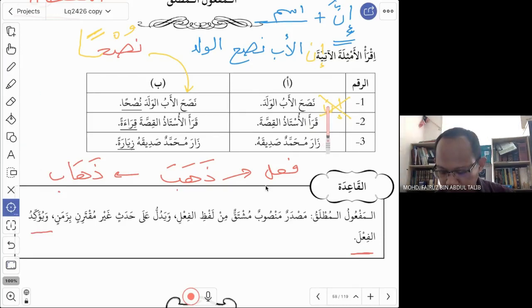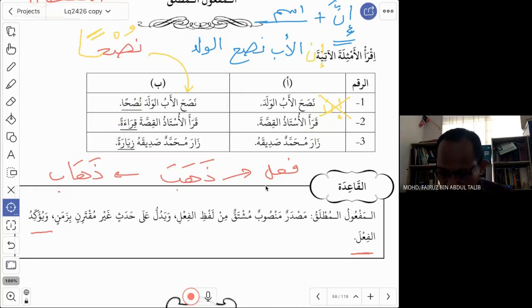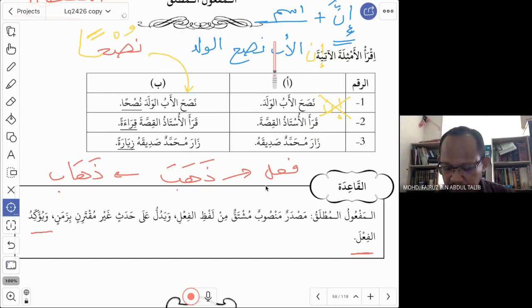Then you have to use maf'ul mutlaq. As you asked, if you write al-abu nasoha, you can also write the maf'ul mutlaq at the end. In this case, you are not emphasizing the father, you are emphasizing the action. But the meaning is more or less similar.